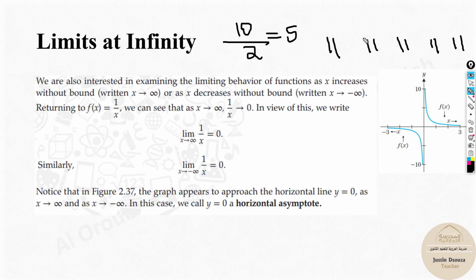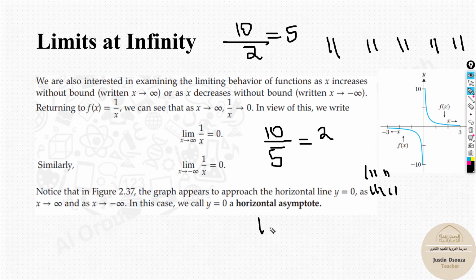I can divide these 10 chocolates in groups of 2, 5 times. If I have 10 divided by 5, I need to divide this 10 as groups of 5. I'll get 2. 10 divided by 2 is 5, 10 divided by 5 is 2.